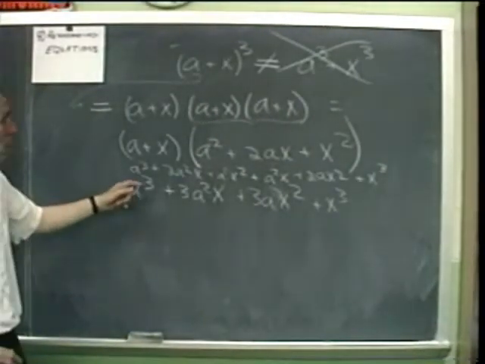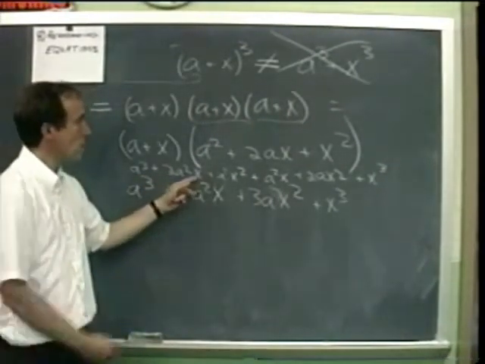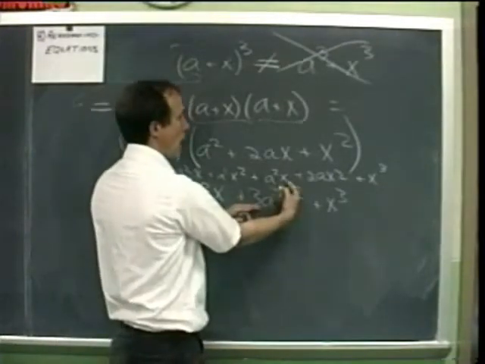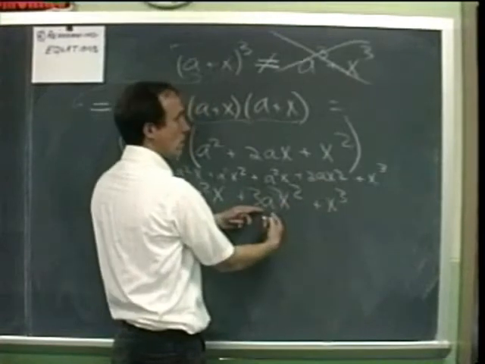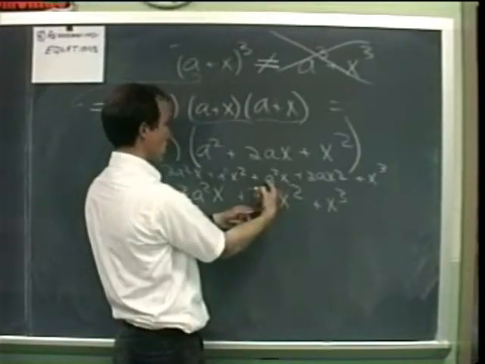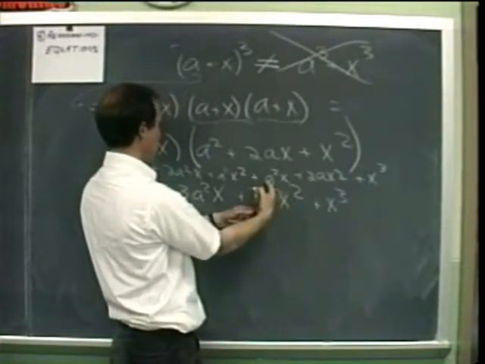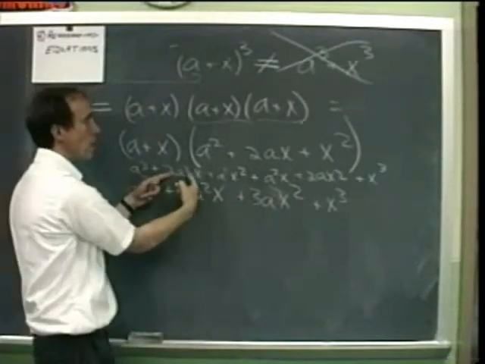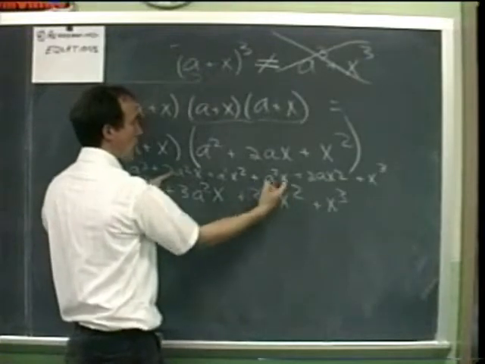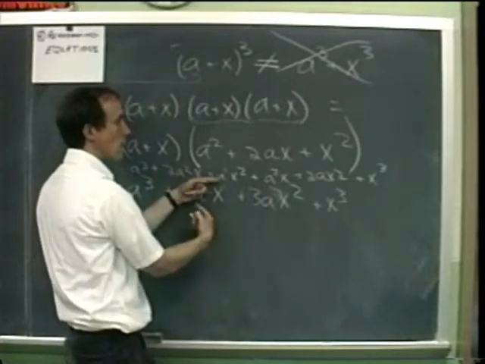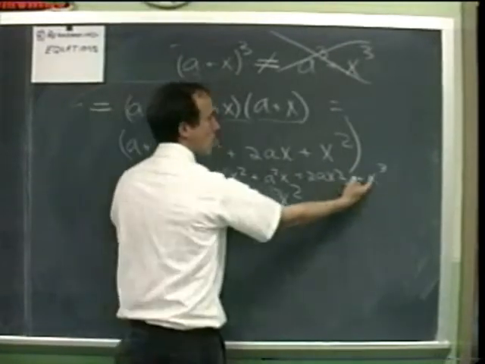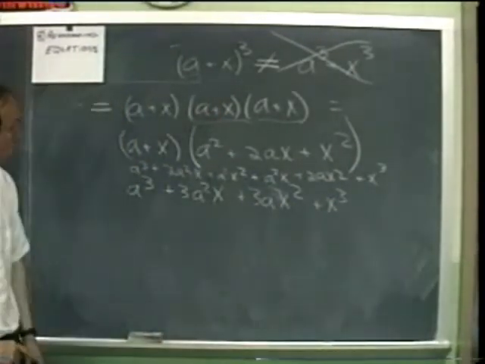I got the a cubed here. 2a squared x plus a squared x gives me 3a squared x. Ax squared and the 2ax squared gives me a 3ax squared, and here's the x cubed.